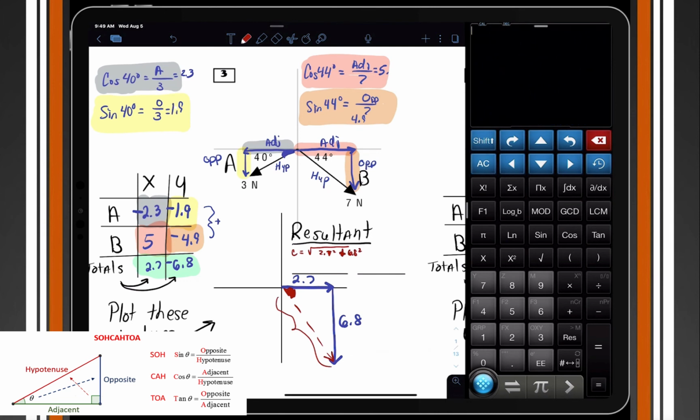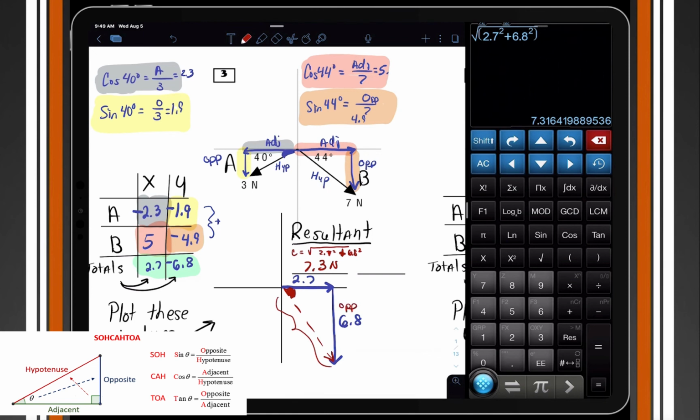In your calculator, square root of 2.7 squared plus 6.8 squared gets you 7.3 meters per second. Oh, this is newtons, sorry. Newtons. And then we need our angle for this.